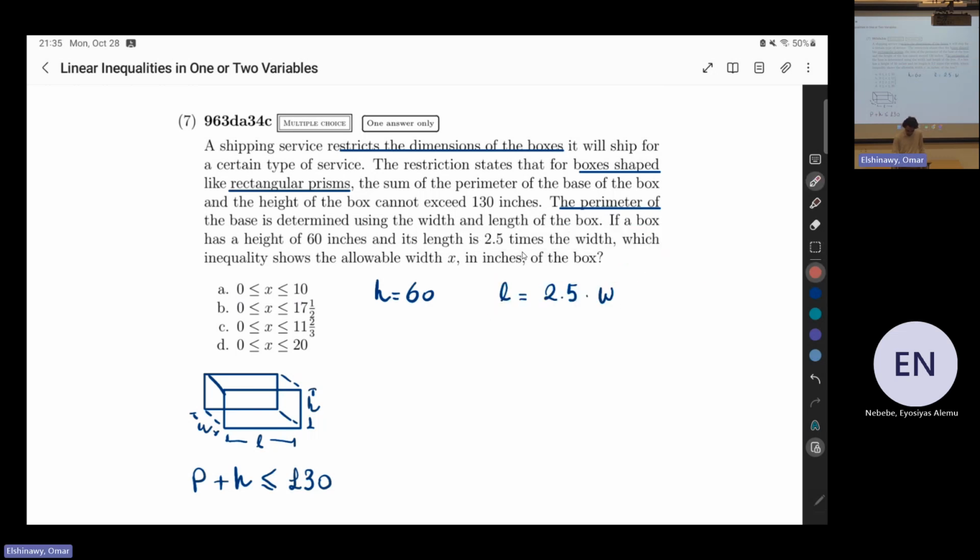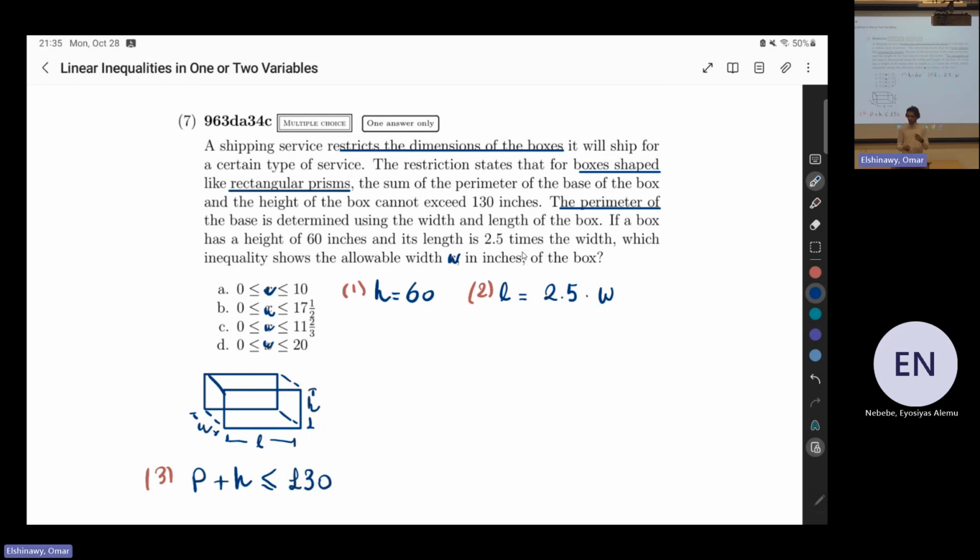So here's what you should do. You have this fact, this fact, and that fact. Are we out of facts? I think so. So the length is 2.5 times the width. And now it's asking about the inequality, which shows us the allowable width. Here it calls it X, but we can just call it W, just for the sake of our understanding.